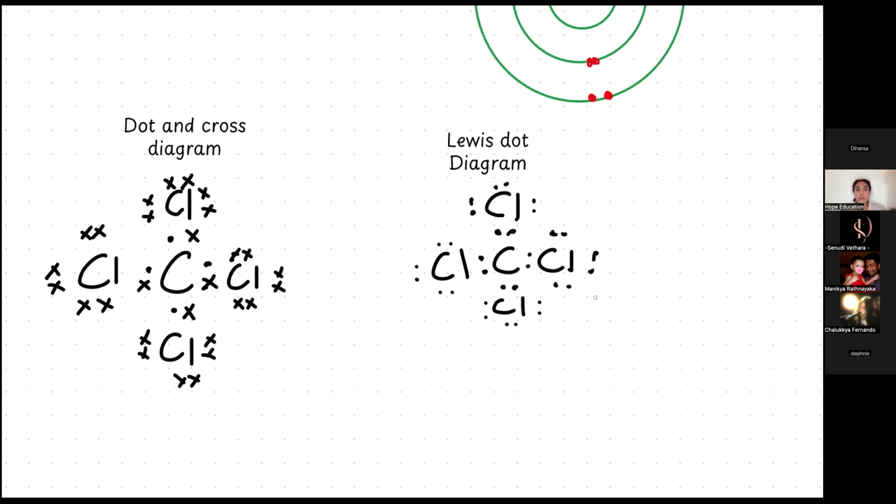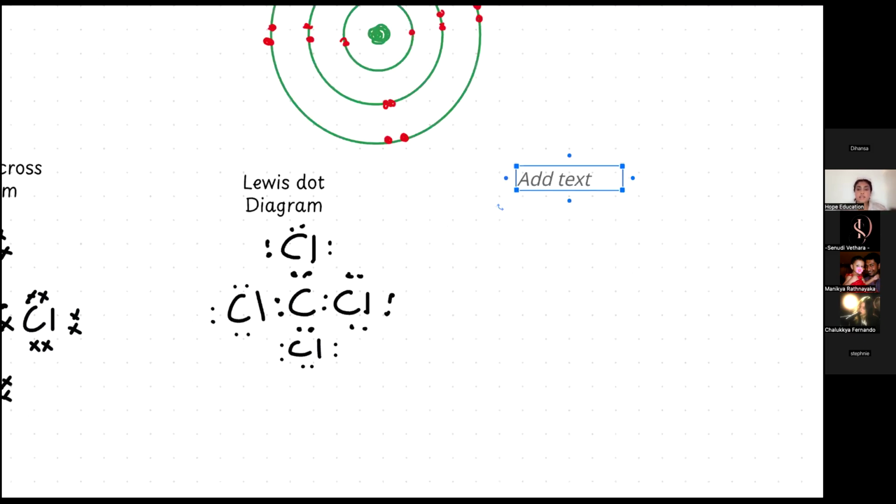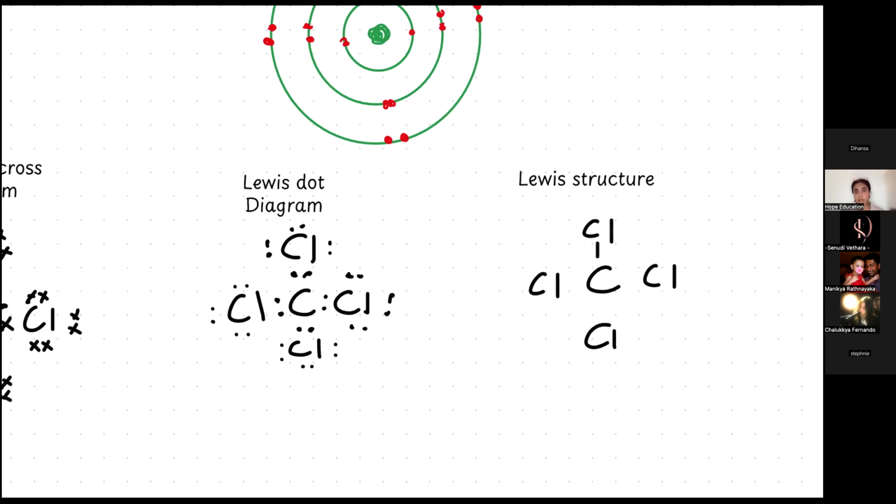Then the Lewis structure is the same as the Lewis dot diagram. The only difference is that bonds are shown with lines. So if you take carbon and four chlorines, each bond I show with one line.